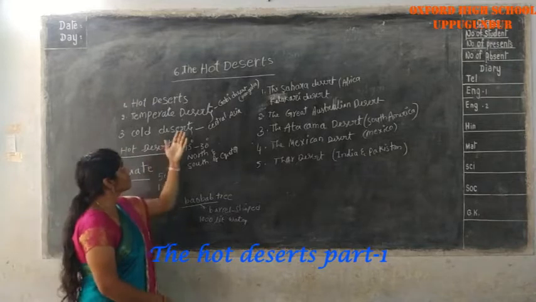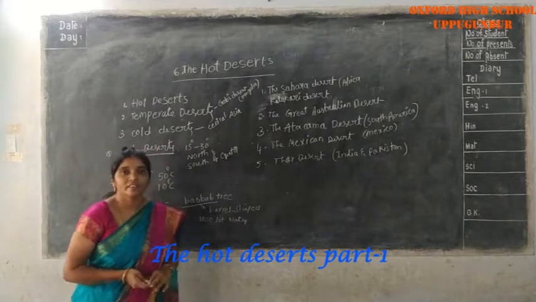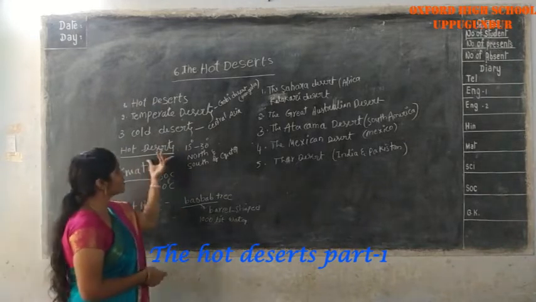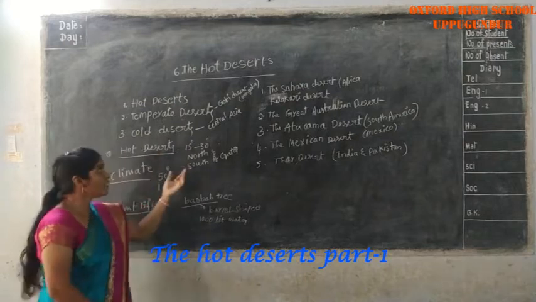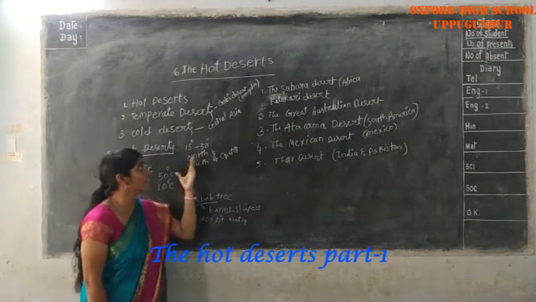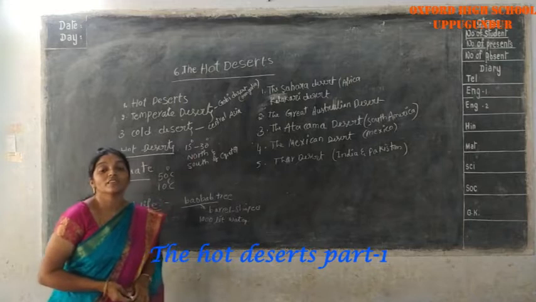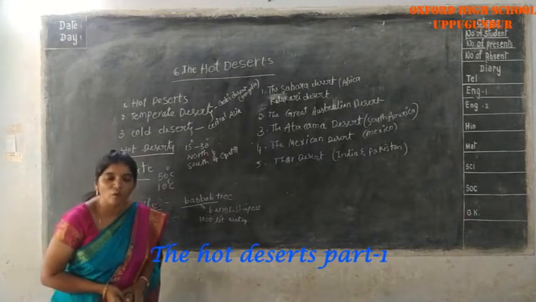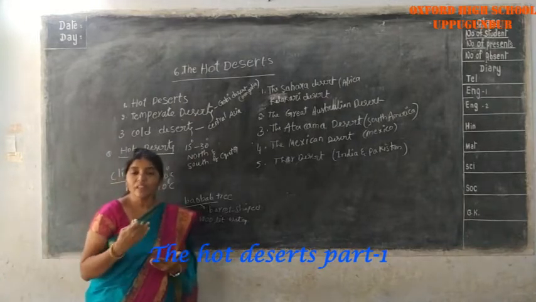In this class, we will discuss the hot deserts. Hot deserts lie between 15 degrees to 30 degrees north and south of the equator.